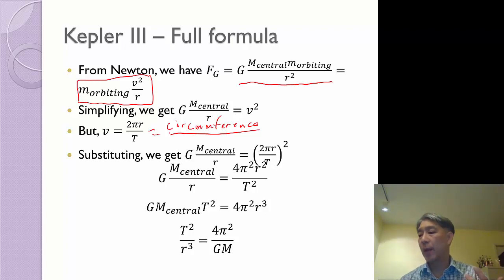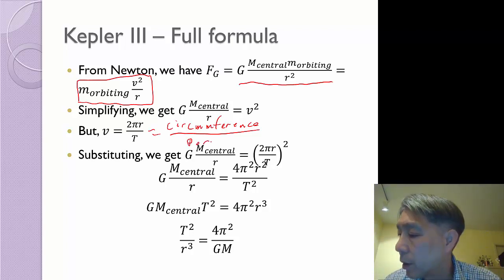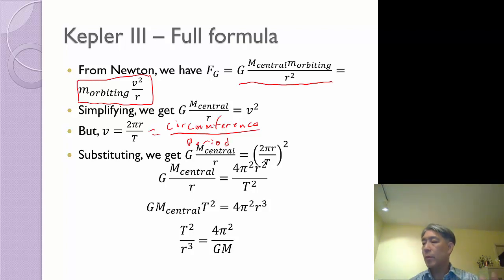And how much time does it take? So this is just circumference over period, and I can get velocity that way. So I'm going to make that substitution into my formula for velocity. My formula now becomes GM over r equals the quantity 2 pi r over T, squared.